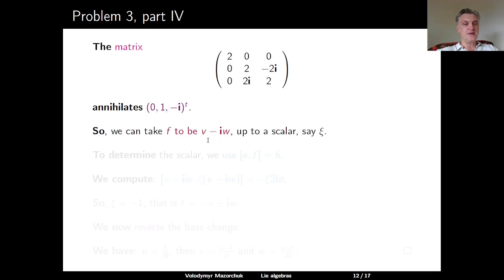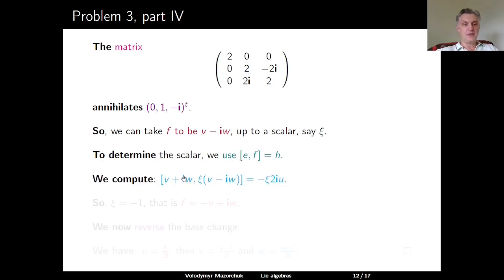So the corresponding linear combination V minus the imaginary unit i times W will coincide with our element F, of course up to some scalar. And to determine the scalar, we need to use the Lie bracket equation that the bracket of E and F is equal to H. So let's compute this.